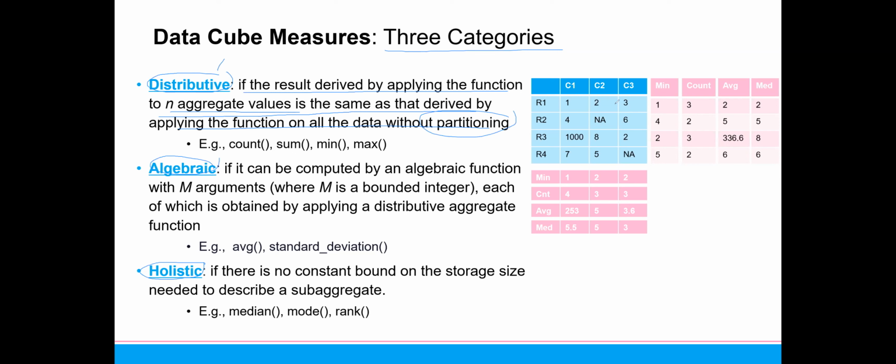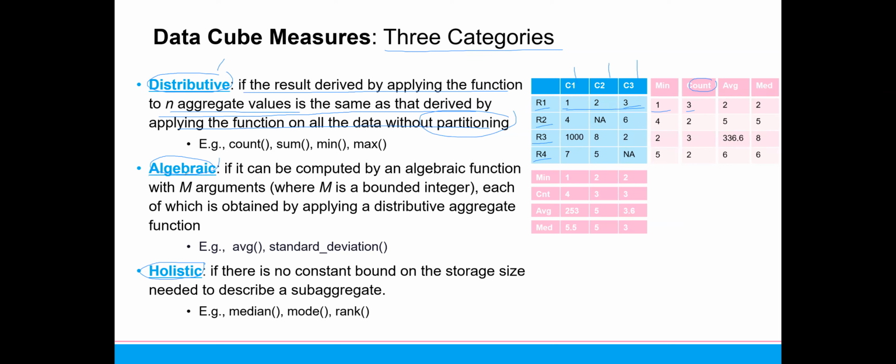Without partition means like this: I just want to calculate how many. We have row 1, row 2, row 3, row 4, column 1, column 2, column 3. So I want to know how many items in the row. Okay, we have 3. And what is the minimum? Okay, 1. What is the maximum? Okay, it's 3. So that's the distributive.